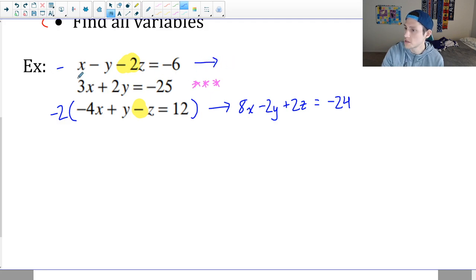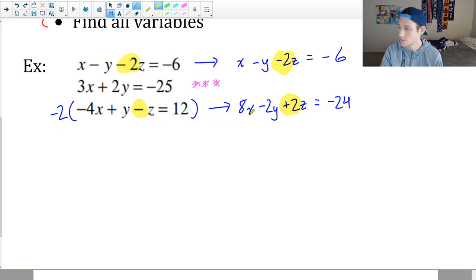This first equation, I don't need to do anything with it. Sometimes we might have to do something to both, but in this case we don't. So I'm just going to copy it down exactly how it was: x minus y minus 2z equals -6. And now this has exactly what I want. The -2 and the +2, right? Same number but different sign.